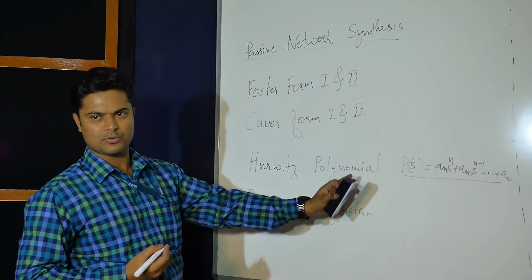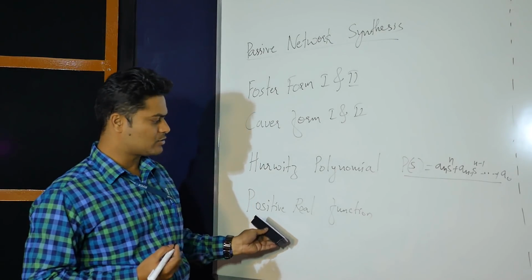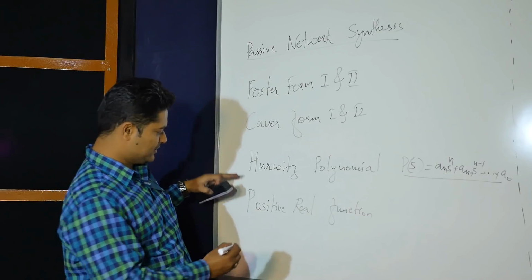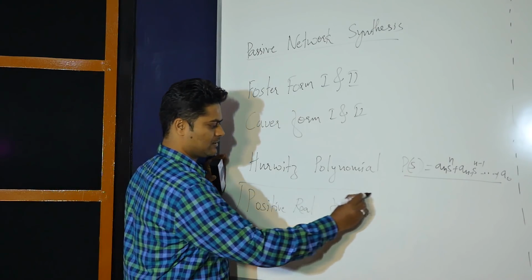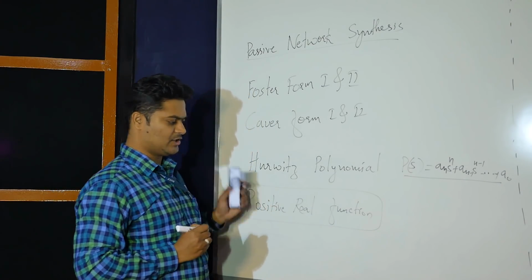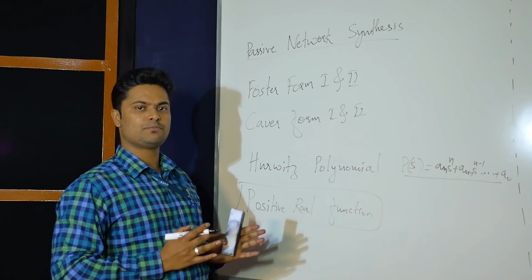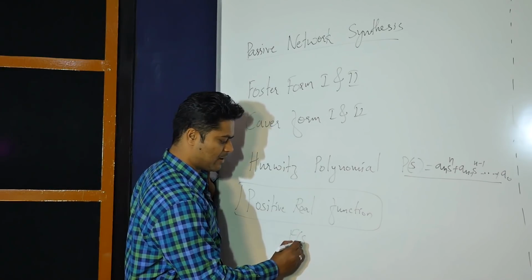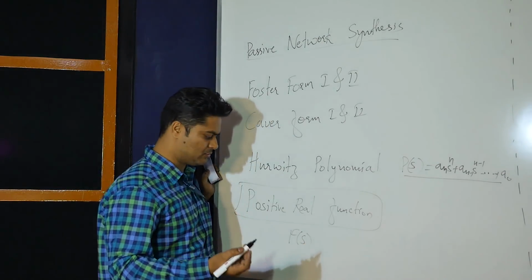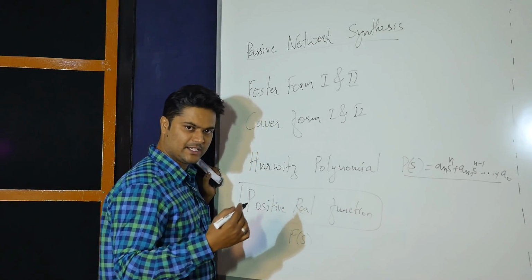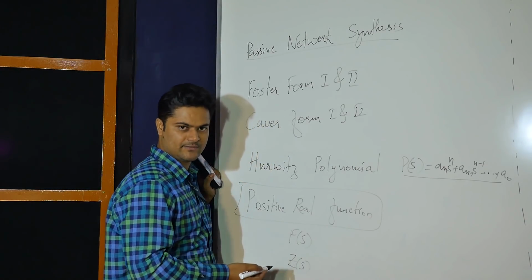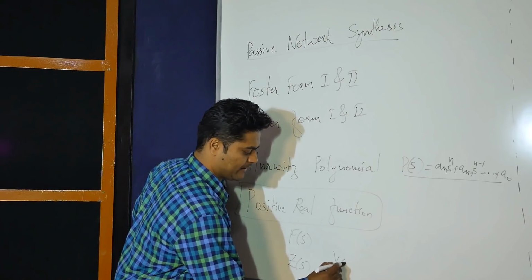Once we finish this Hurwitz polynomial, we will go in detail about positive real functions. We will need especially this term, positive real functions. The function has to be positive real. That means a characteristic equation, if it is given in the form of F(s), or you might know a given network has Z(s), the impedance function, or Y(s), correct?